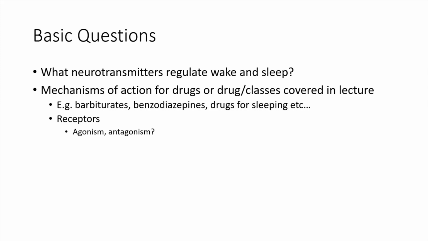Not that you need to pinpoint the exact location on a graph, just know that they're binding to a site that is different than where GABA binds. Then some of the other non-benzo sleeping aid pharmacologies, what are the basic mechanisms of action for those? Now, get clear in your head when a drug is an agonist versus an antagonist. Some of those are antagonists, such as all those antipsychotic drugs.